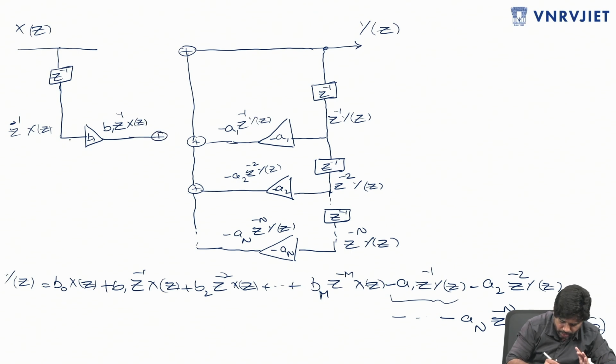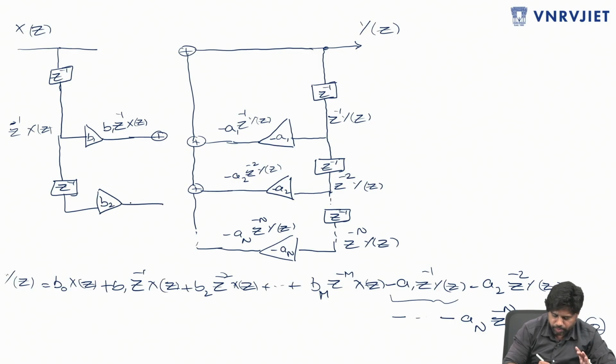Next, similarly construct the second term, z power minus 1, constant multiplier will be b2, and output will be b2 z power minus 2 x of z, and so on, as we have followed at the output end.